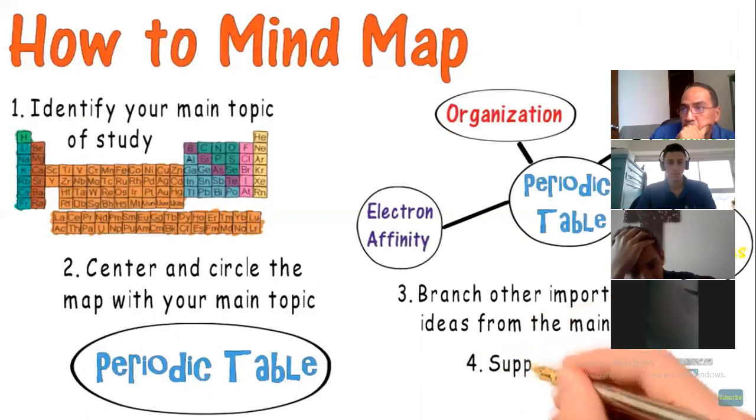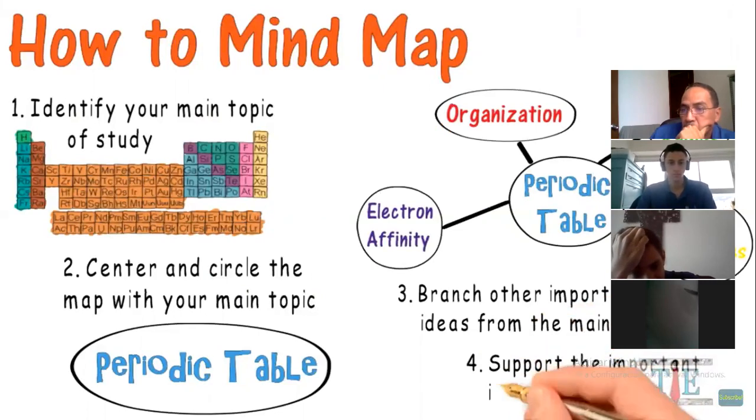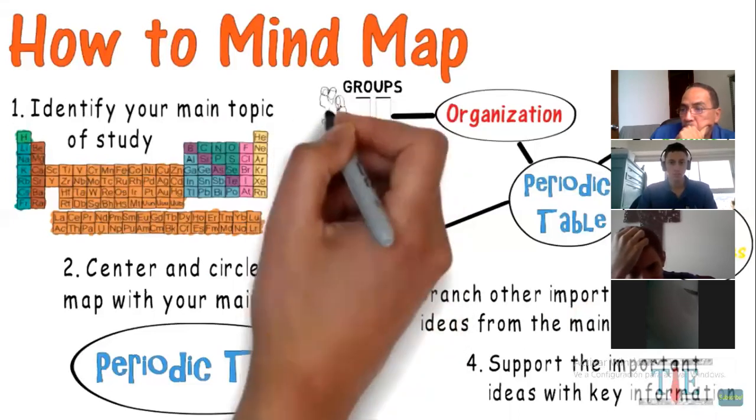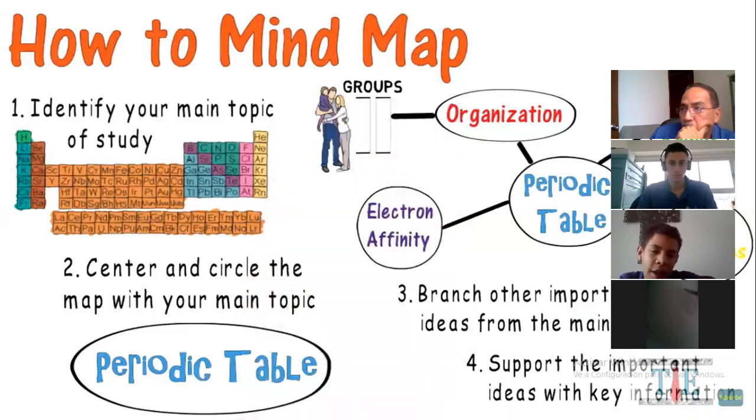Lastly, you want to support the important ideas with the most important information. So for example, the organization of the table can be broken down into groups or families. which are actually columns going up and down, and you can even add a drawing of a family to help you remember. The table is also broken down into periods, which are horizontal rows, so draw them as visuals.